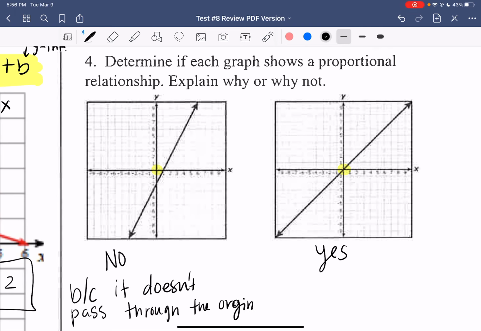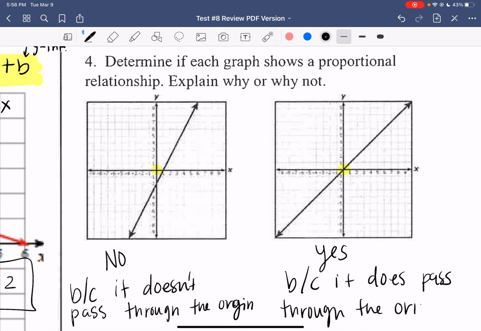And yes, because it does pass through the origin.